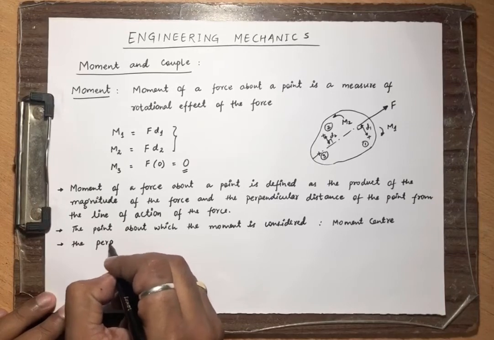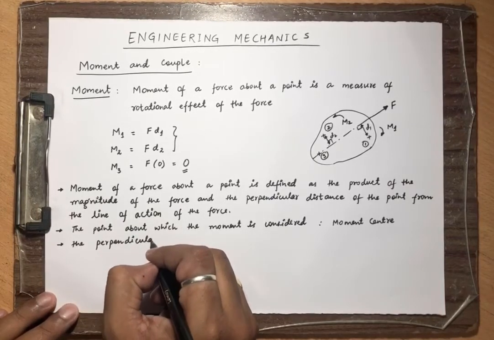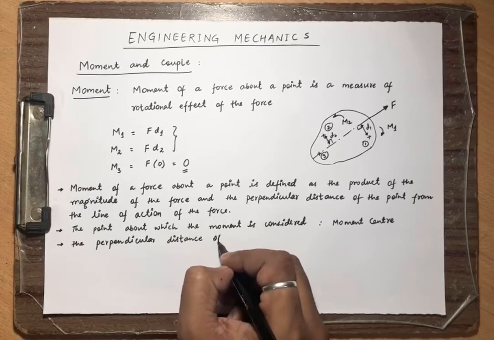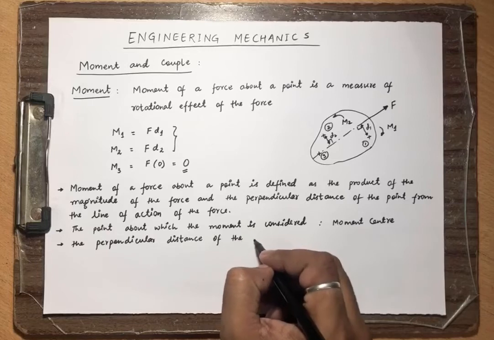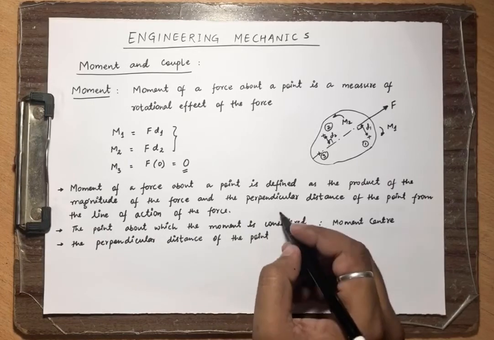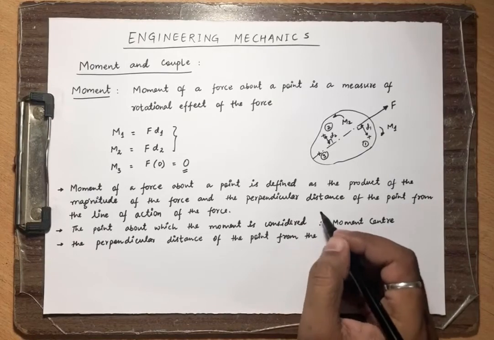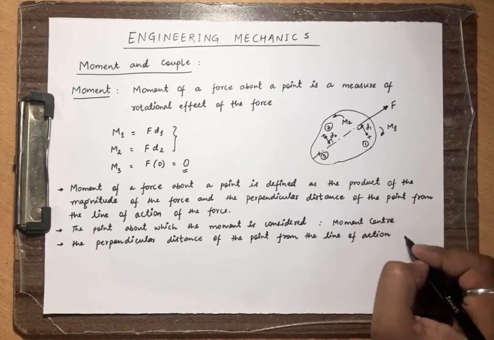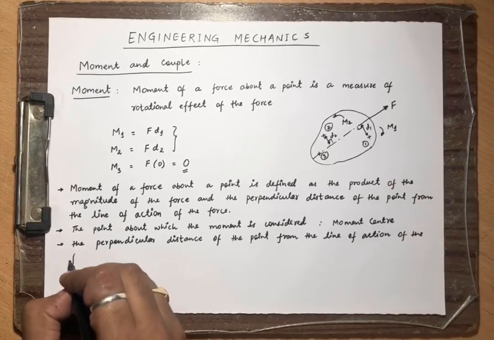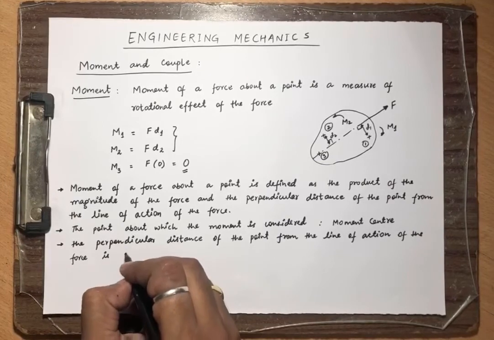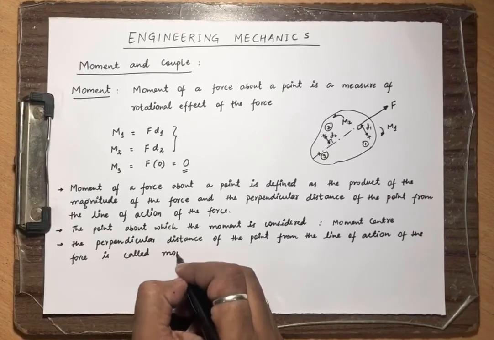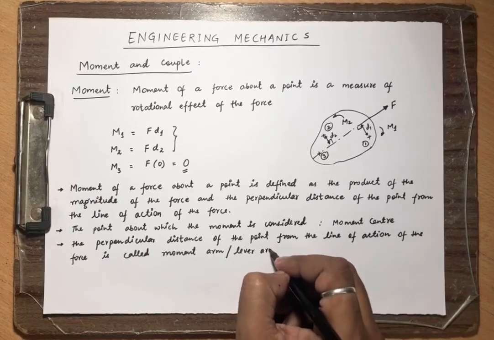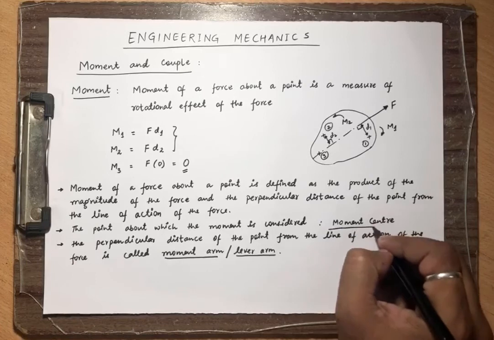The perpendicular distance of the point from the line of action of the force is called moment arm or lever arm.